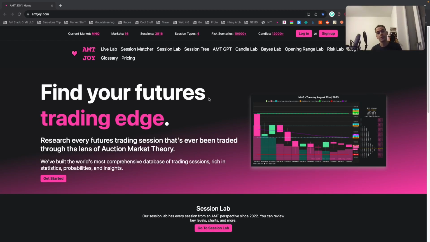So of course, the long-term goal is to have a complete view and historical analysis of every futures session that has ever occurred. Right now our data does go back to I think 2022, but we're working on getting a full data set for each of the instruments and markets to go back to basically their inception.